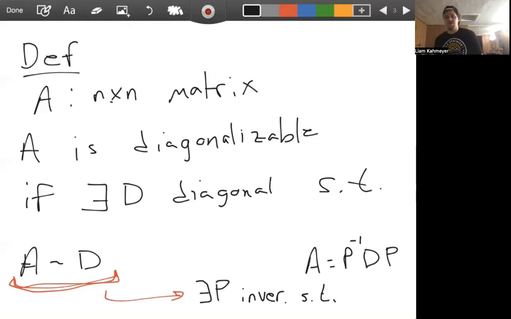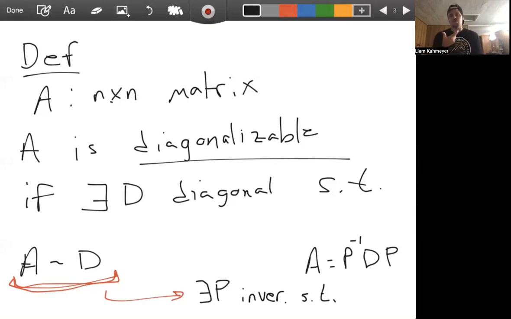So how does the similarity help us in this context? Well, if A is diagonalizable, then it's similar to a much nicer matrix. But how does that actually help us? Before we can figure that out, we have to figure out the settings in which it could help us.